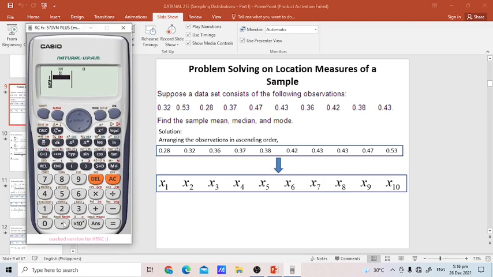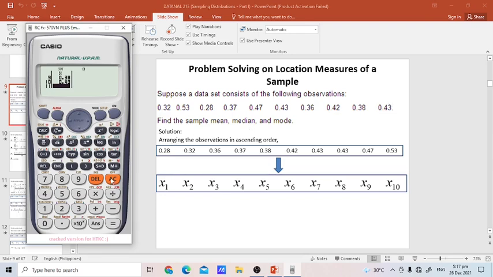The data are as follows: 0.32, 0.53, 0.28, 0.37, 0.47, 0.43, 0.36, 0.42, 0.38, 0.43. Okay, so we have those.